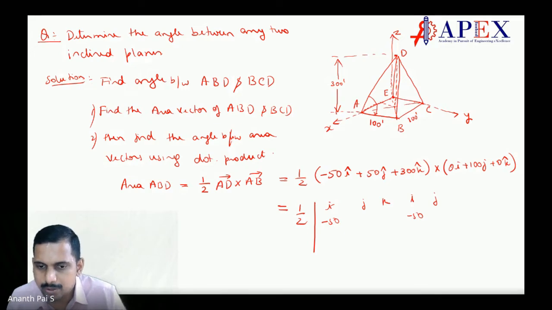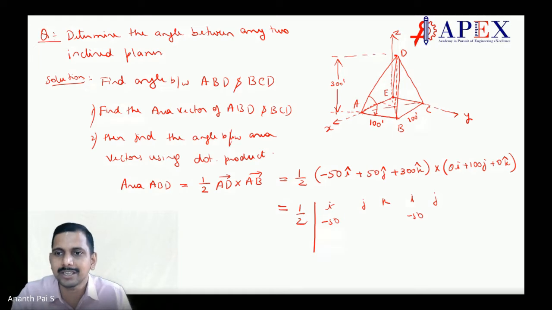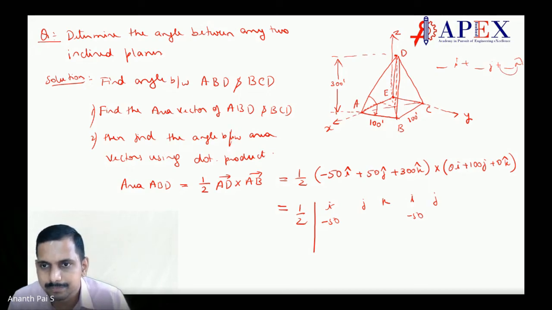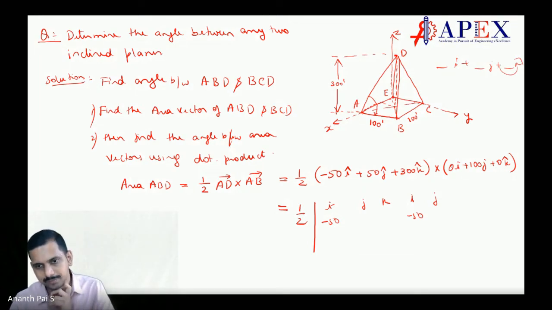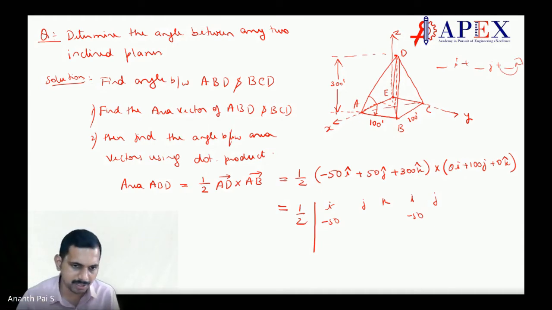Here what we have is a vector. When you have a vector, you have some I plus some J plus some K. Let us understand this further.